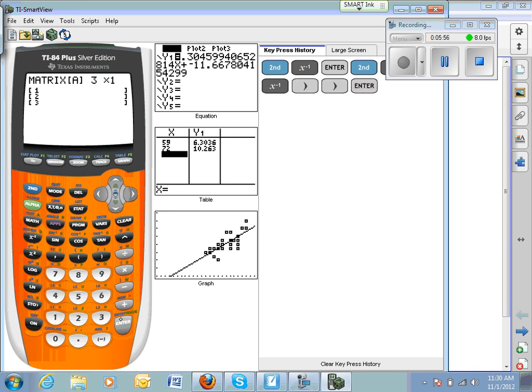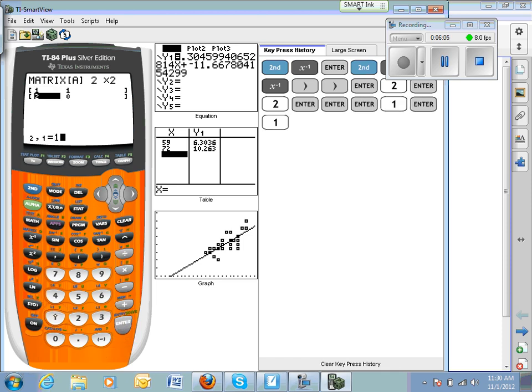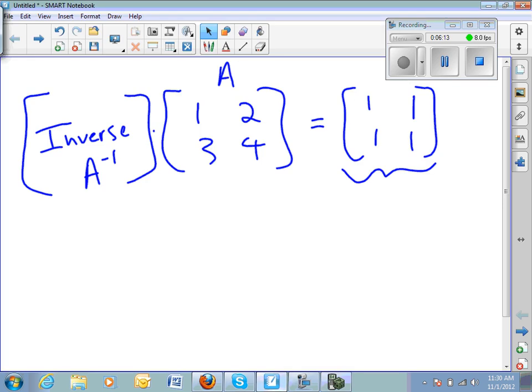So I'll create a 2 by 2 matrix here, and its entries are 1, 1, 1, 1. And let's use the matrix that we had over here. Actually, I called this one A, but I'm going to have to rename it B in order to work with the calculator.